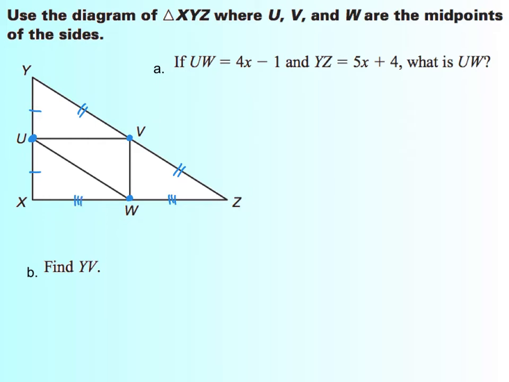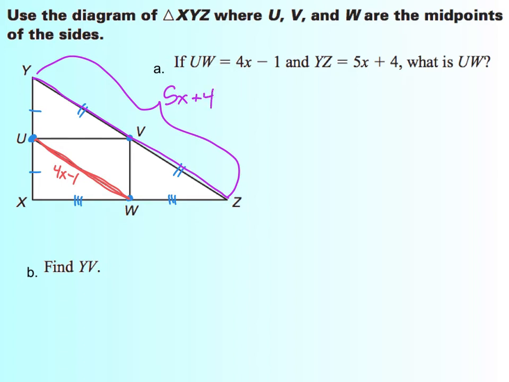You don't have to use that right now, but we're going to check here. We have that UW, my fault, that's not UW. UW is right here, and that is labeled as 4x minus 1. And I have that YZ is this segment right here. YZ, I'm going to use that bracket because there are a lot of different segments in there, is 5x plus 4.